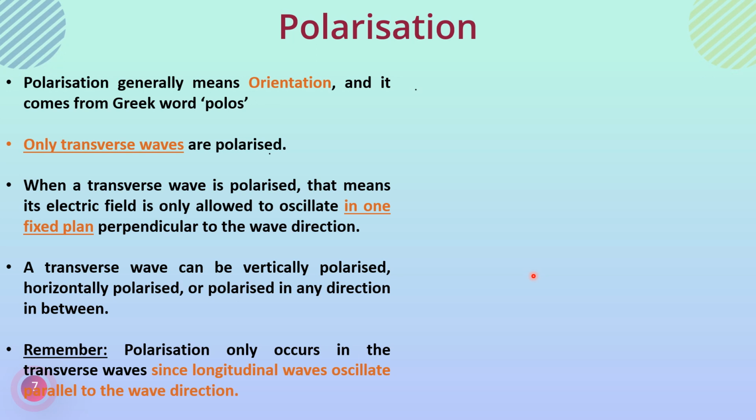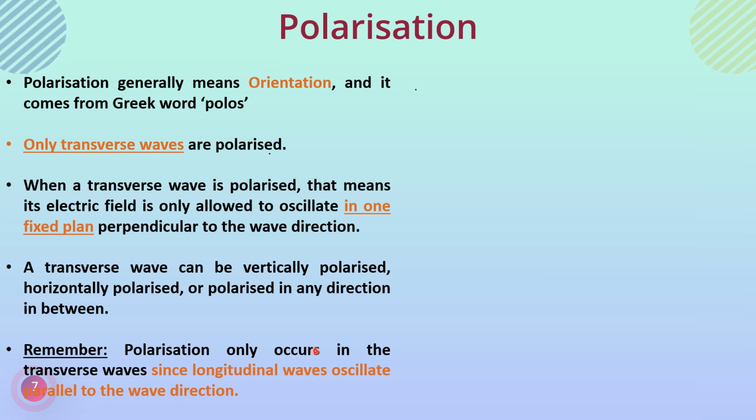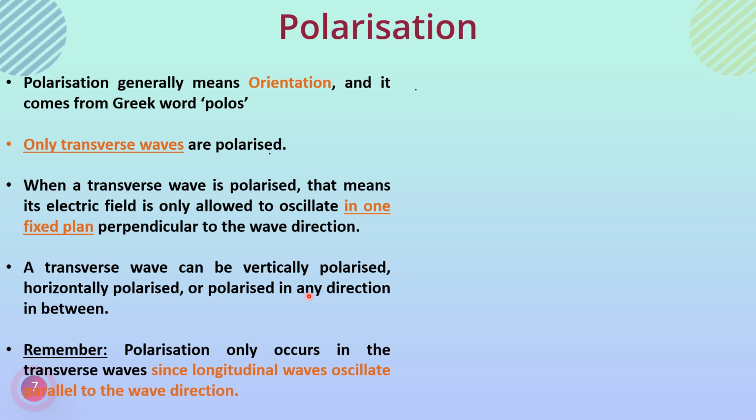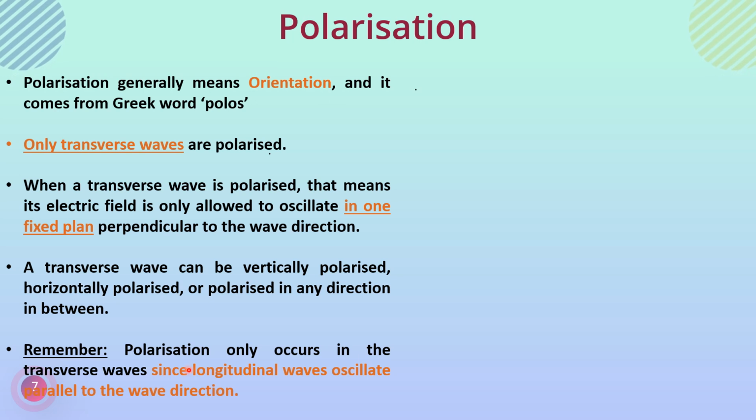Remember, we said polarization only occurs in transverse waves, because longitudinal waves oscillate parallel to the wave direction. Remember, we just mentioned that transverse waves oscillate perpendicular to the wave direction. So if they oscillate in the same direction, what is the point? Nothing will pass through, right? That's why polarization only occurs in transverse waves.